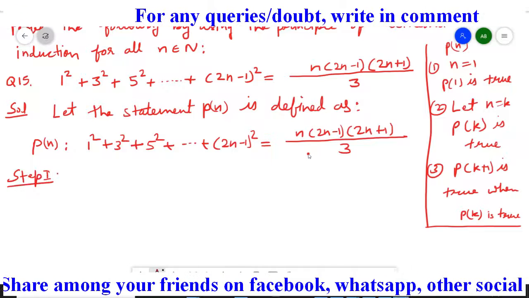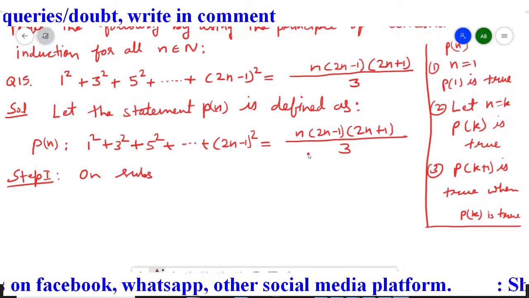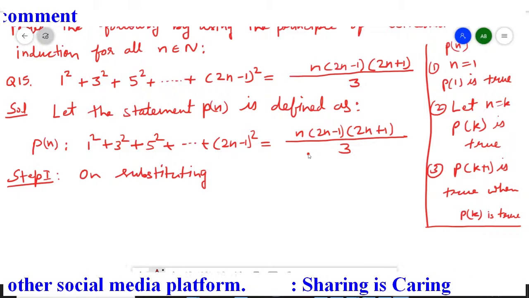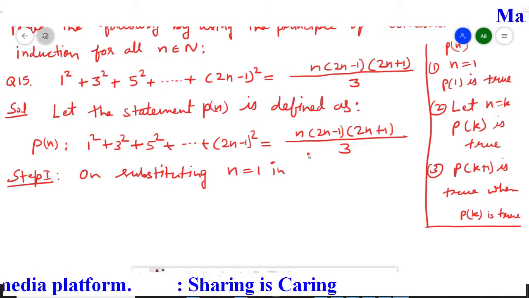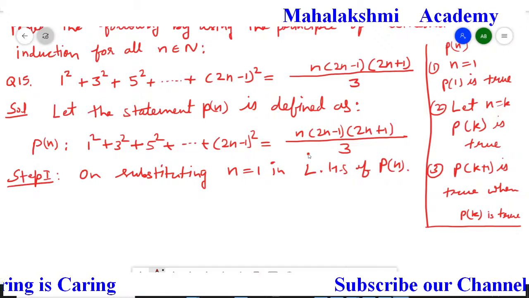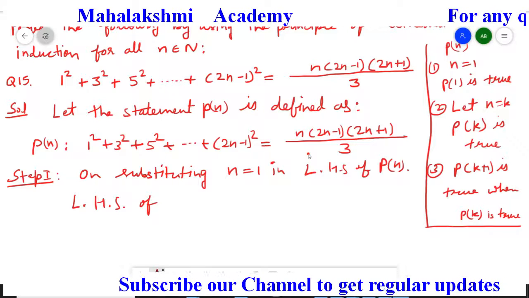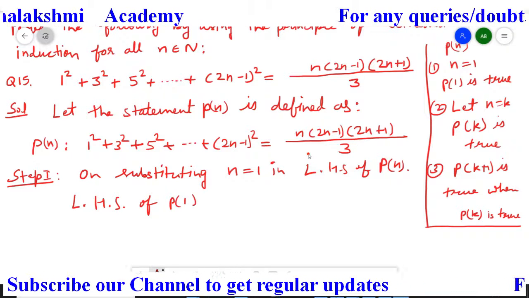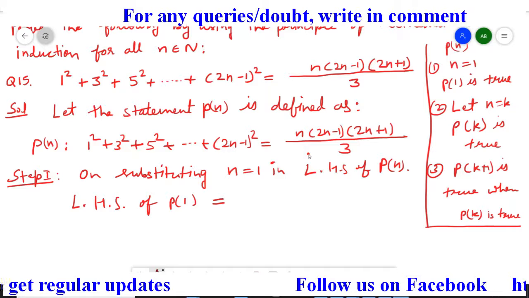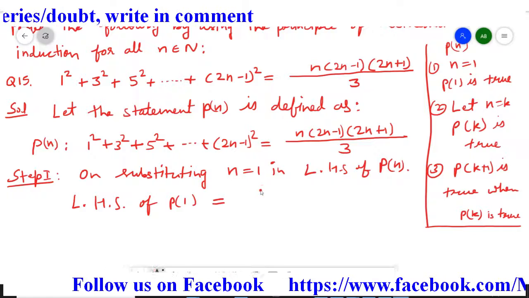Now we have to start the step 1. In step 1 we have to prove that for n equal to 1 the statement is true. So we will write down, on substituting n equal to 1 in left hand side of Pn statement, we will get left hand side of P1 is, so here in statement Pn we have to substitute n equal to 1.